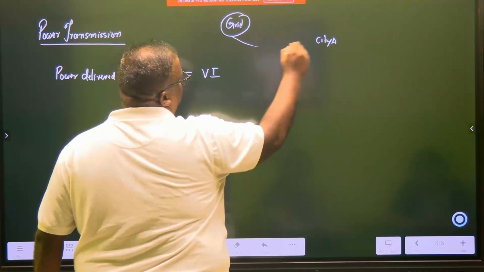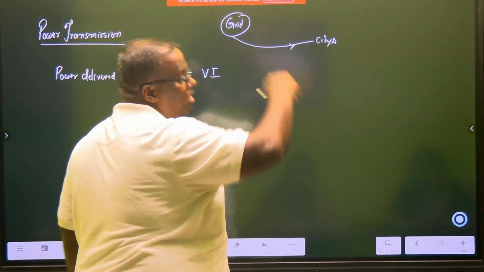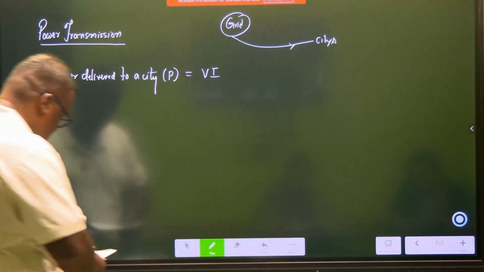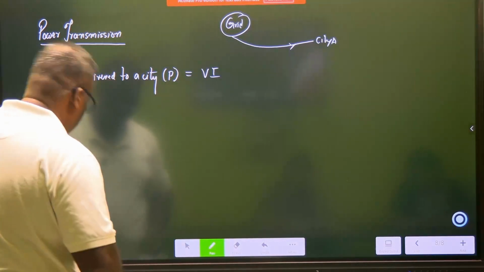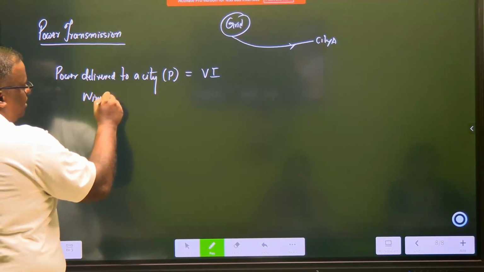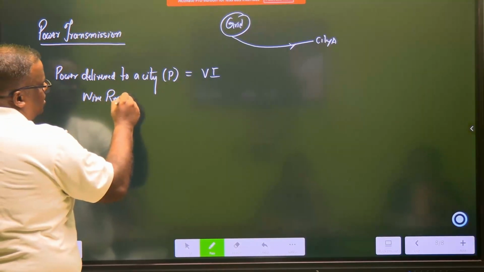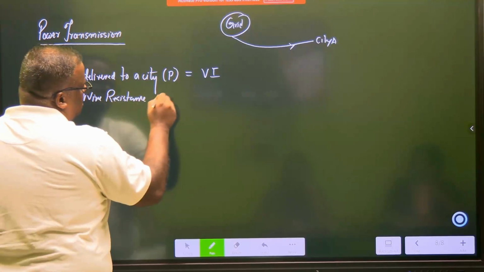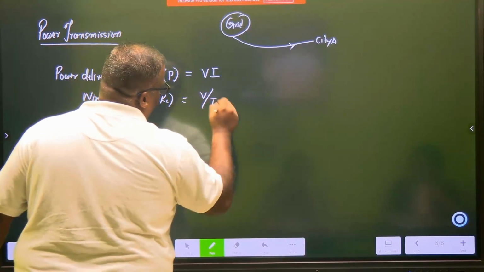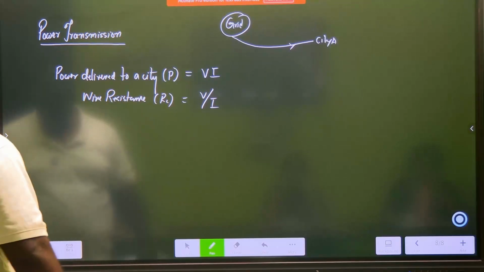The grid is delivering this power to the city, traveling some hundreds and thousands of kilometers. Okay, power delivered to the city, and the wires we are using, those wire resistance, let's say that is RC. So RC will be equal to V upon I as per Ohm's law.